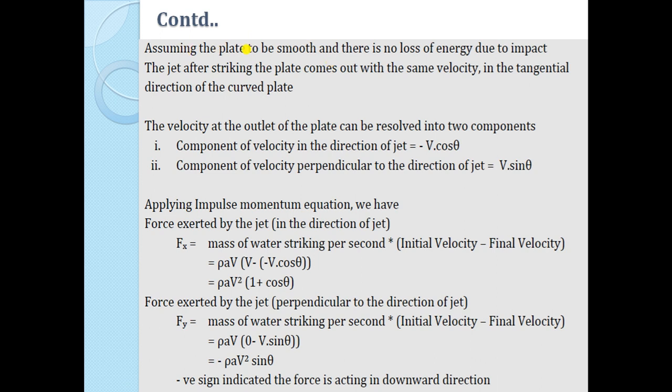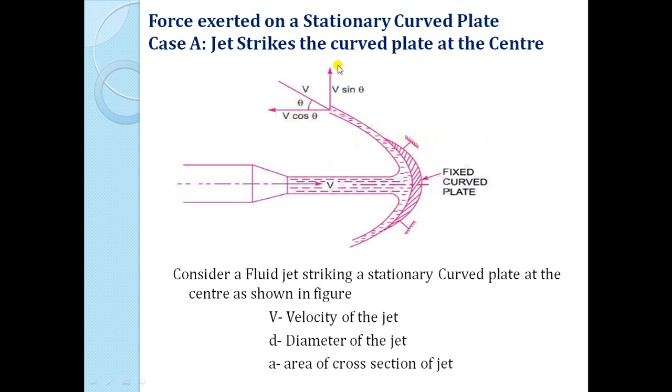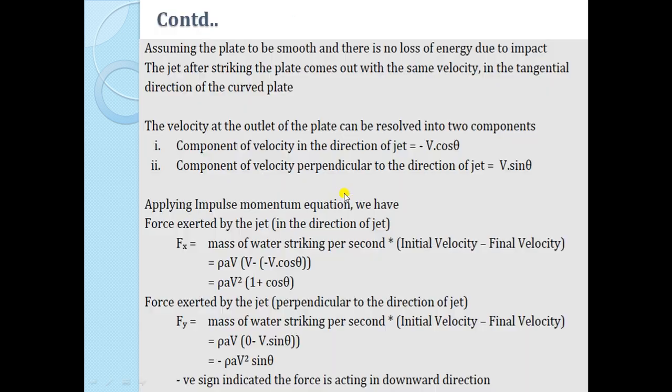This outgoing velocity we can resolve in two directions, horizontal and vertical. The horizontal velocity component is exactly opposite to the initial direction. So the velocity component in the direction of the jet is minus v cos theta, and the velocity component perpendicular to the direction of the jet is v sin theta.